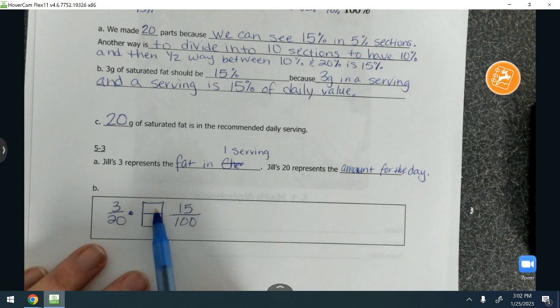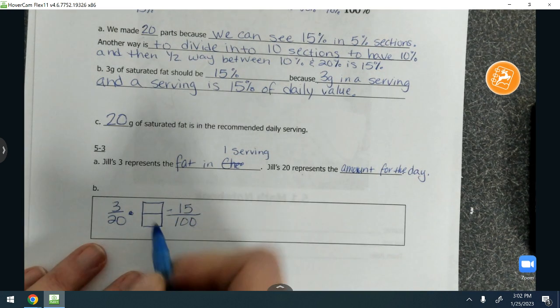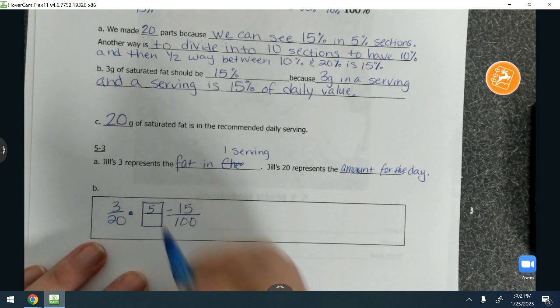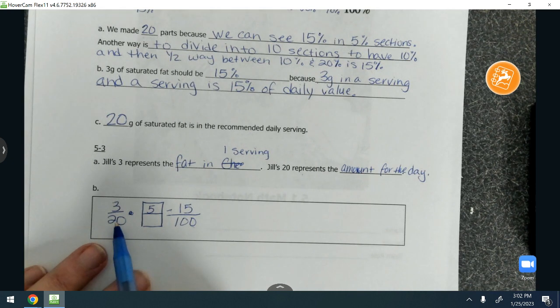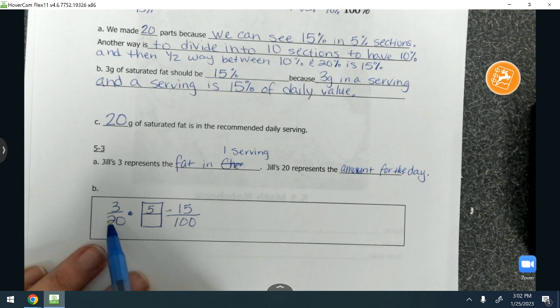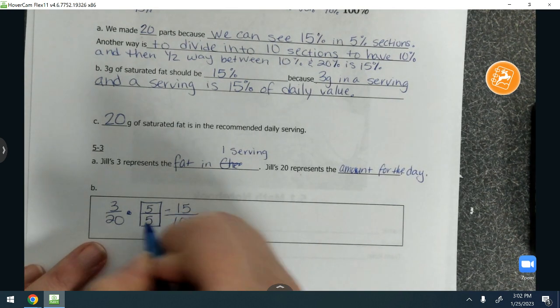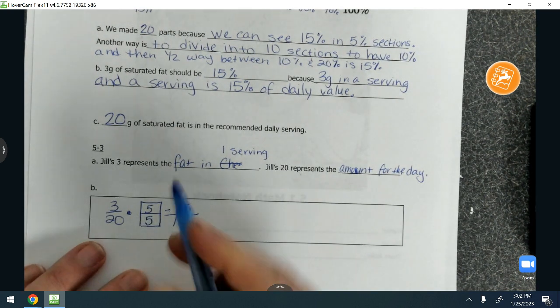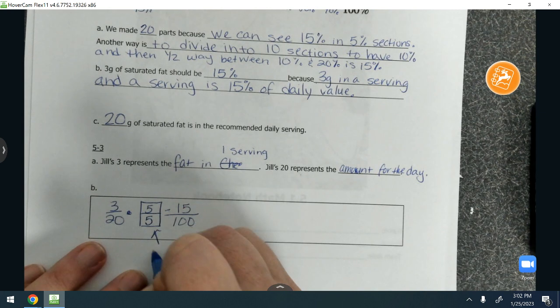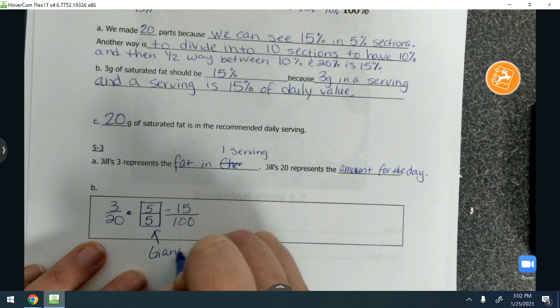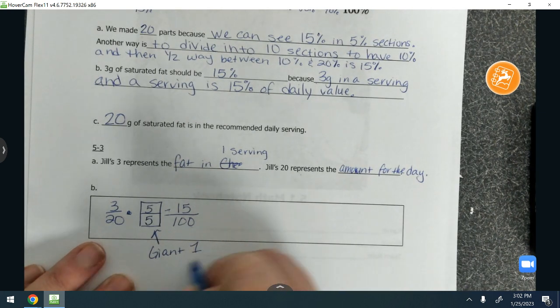I know 3 times something that gives me 15 is 5. If I have $100 in my pocket and it's $20 bills, that means I have 5 of them. So because we have that giant 1, that means that they are equal or equivalent.